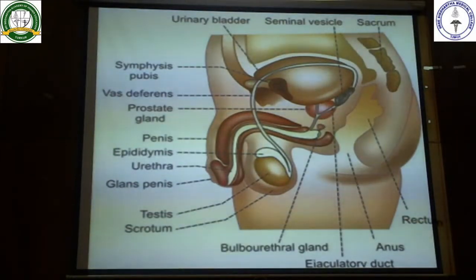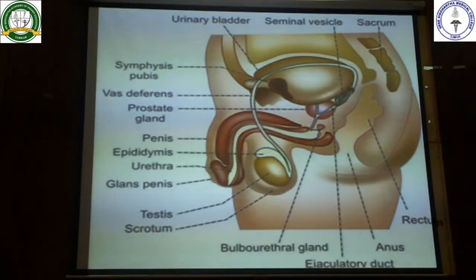And then there is a sharp U-turn. That is the beginning of the vas deferens, which you see is ascending upwards very nicely, and it is entering into the abdominal cavity through the inguinal canal, and finally it joins with the duct of the seminal vesicle on the same side, which is depicted in green color.